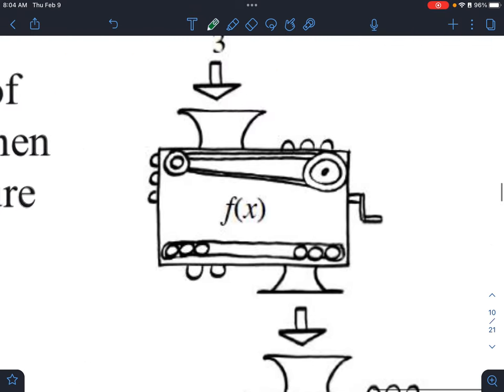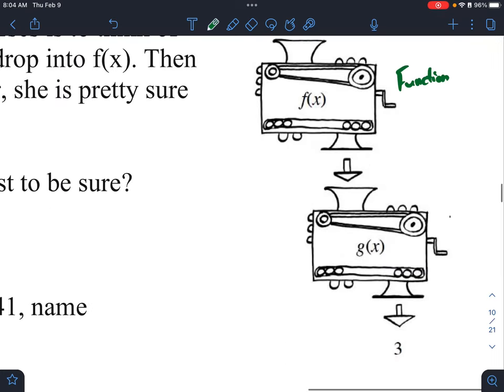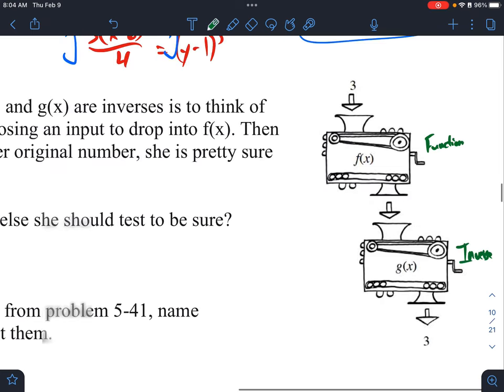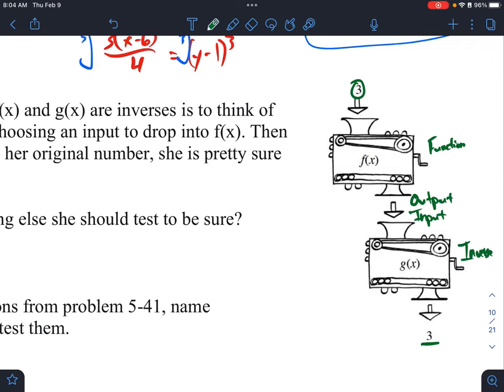Okay? So as I look here, we would say this is my function, this is my inverse. Okay? So my input of 3, which is what she just picked, comes out with an output, and that output turns into an input into my inverse, and I get back 3. Okay?